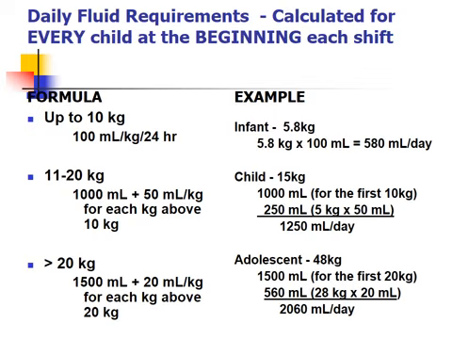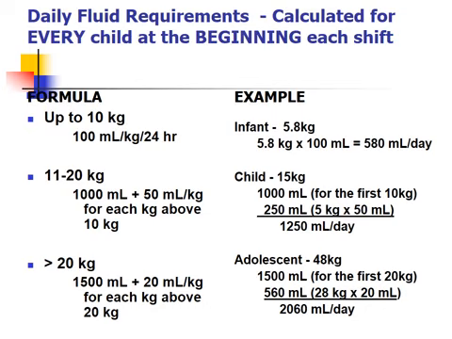And if the child weighs 11 to 20 kilograms, then the formula is 1,000 milliliters plus 50 milliliters for every kilogram that's above 10 kilograms. So you can see that the first 10 kilograms are already accounted for in the formula with the 1,000 mLs.